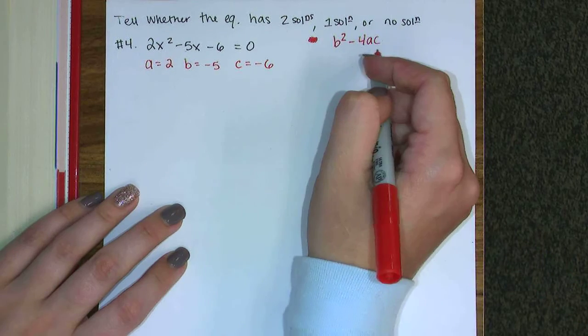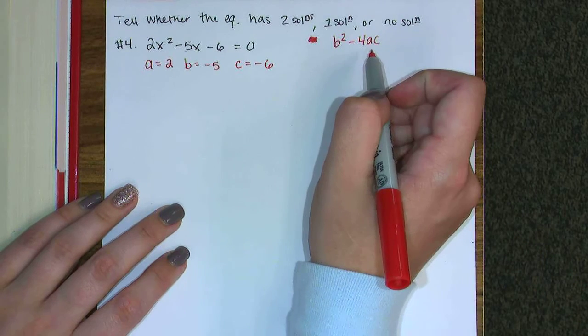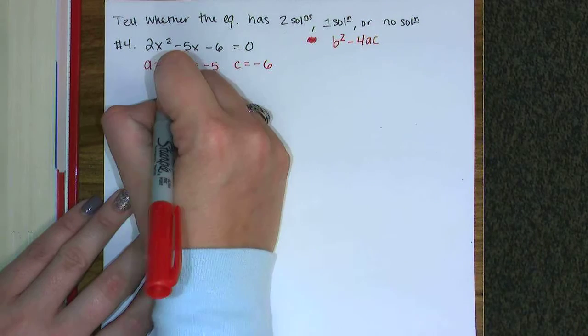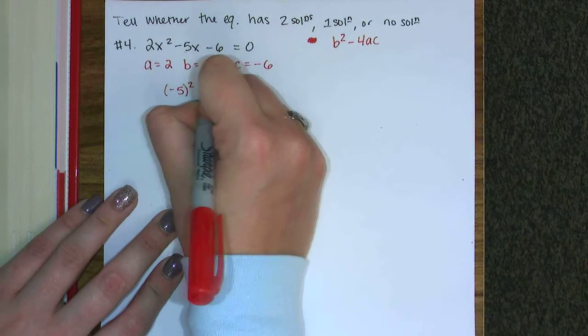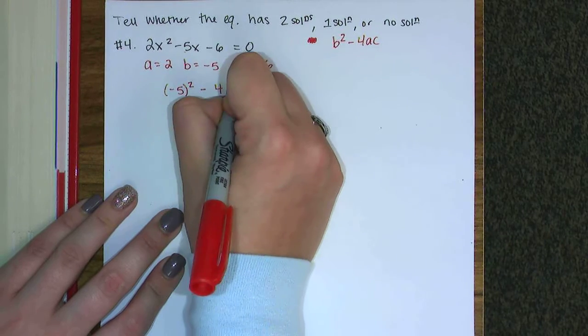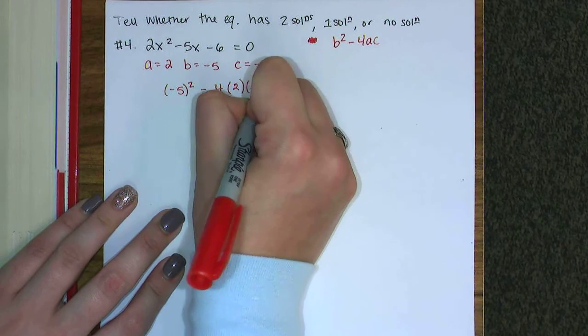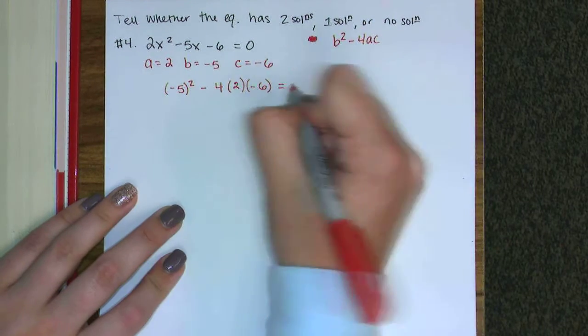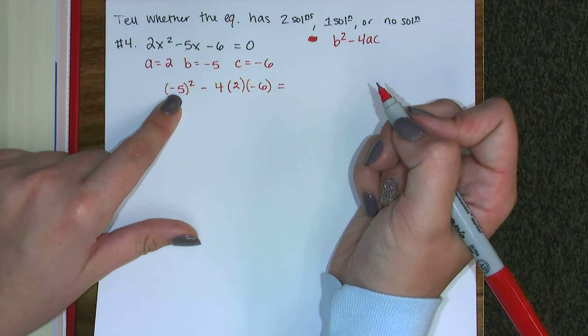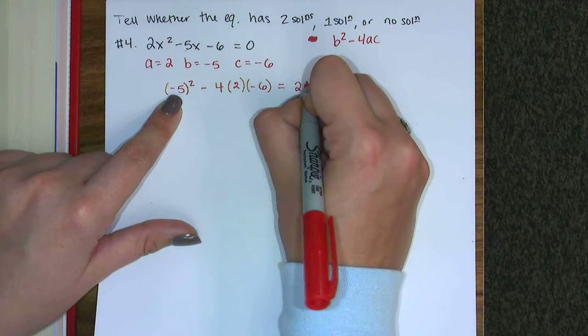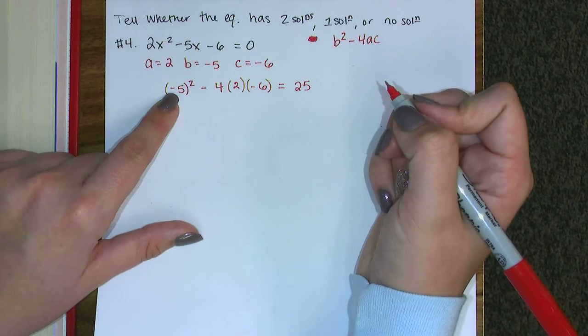Now, I use this formula and I plug stuff in. B is negative 5, so negative 5 squared minus 4 times a is 2 times c is negative 6. 5 squared is 25. That negative goes away because it's being squared.